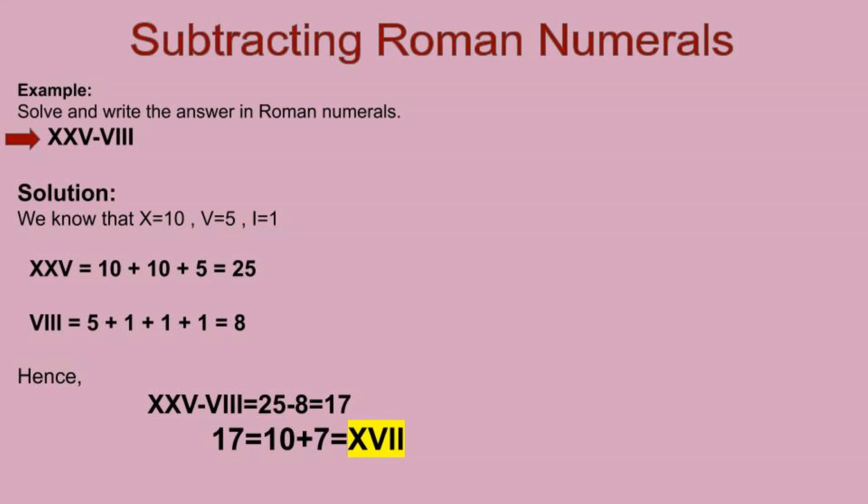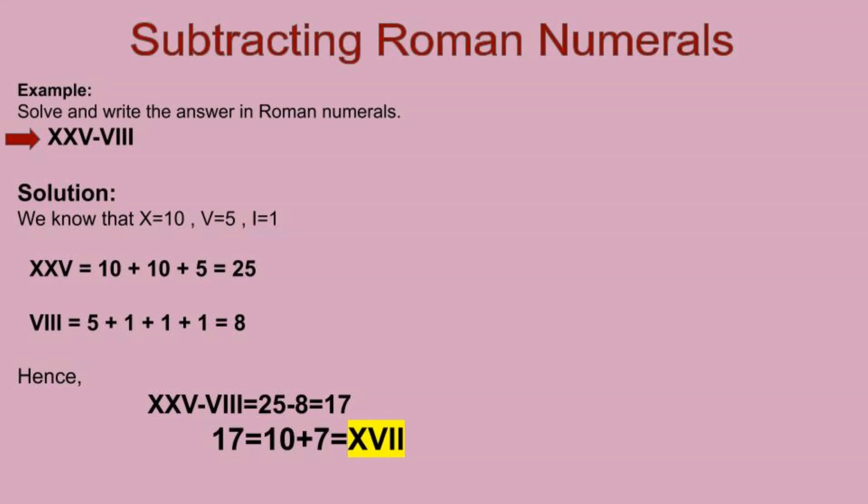Let's see subtracting Roman numerals. Example, solve and write the answer in Roman numerals. XXV minus VIII. Let's see the solution. We know that X equals 10, V equals 5, I equals 1. Replace the numeral with the value. In XXV, V is a smaller numeral and it follows a larger numeral.